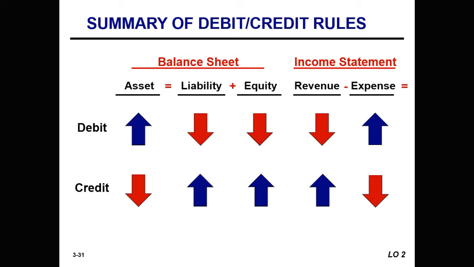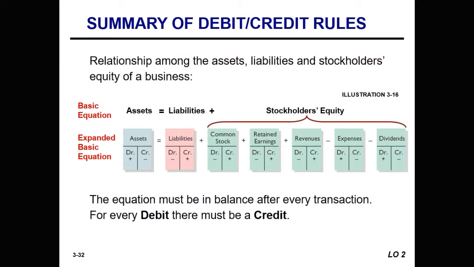To illustrate using T accounts, we have here the basic accounting equation. Assets equals liabilities plus stockholders' equity. And then we expanded it utilizing T accounts. So assets equals liabilities plus common stock plus retained earnings plus revenues minus expenses minus dividends.